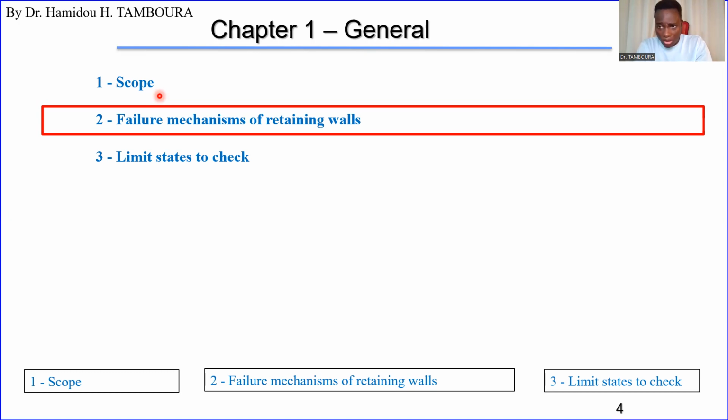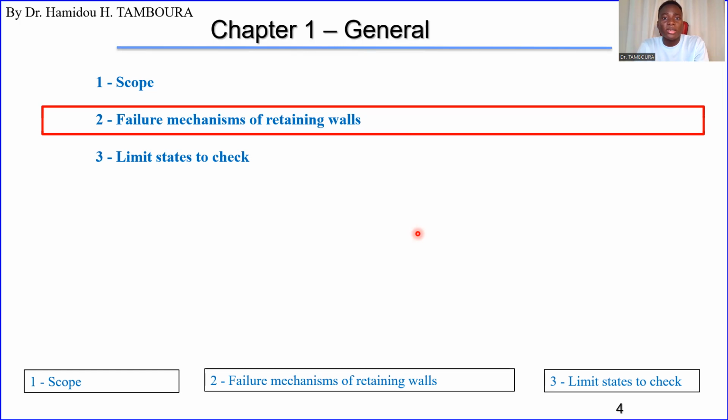This video is about the failure mechanisms of retaining walls. This part is very important because we need to know the failure mechanisms so that we can bring solutions to them. Technically, designing retaining walls is just bringing solutions to avoid these failure mechanisms.